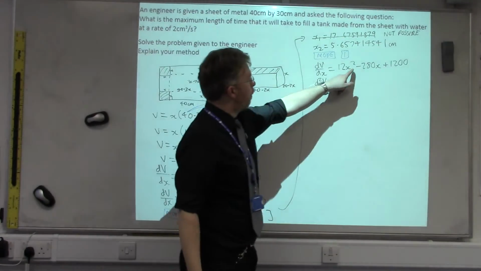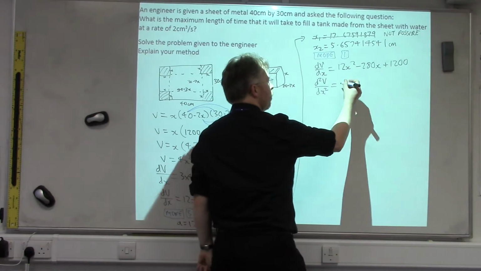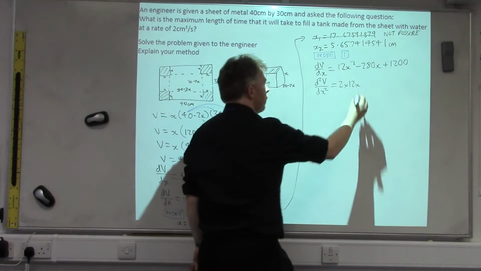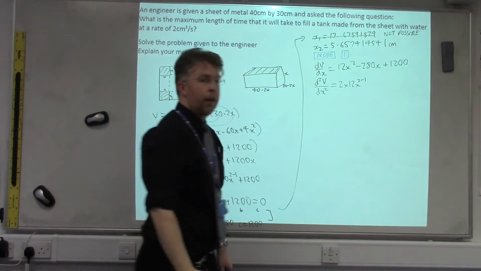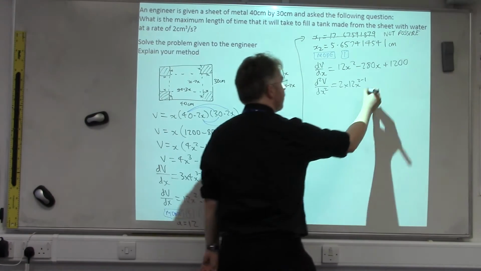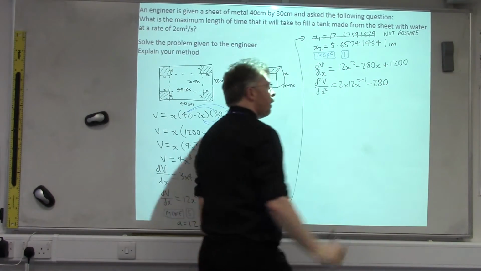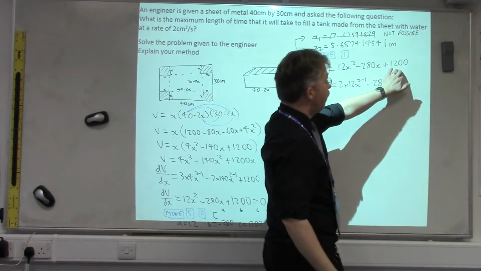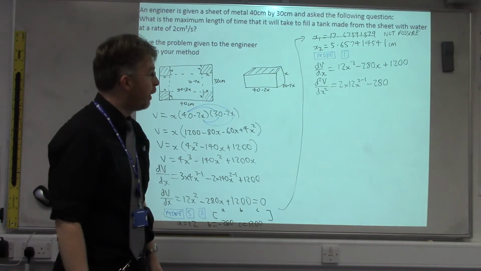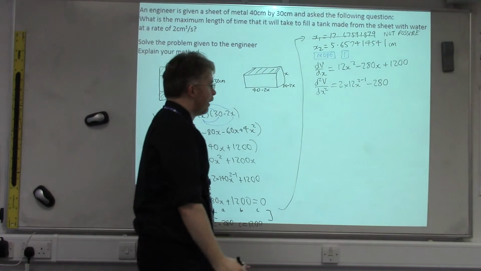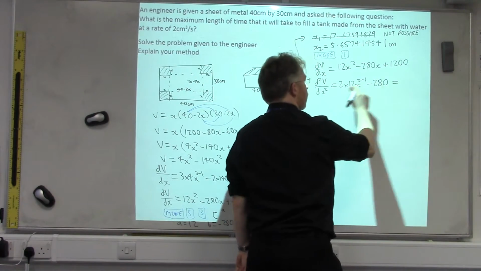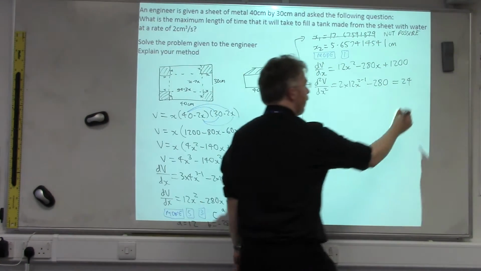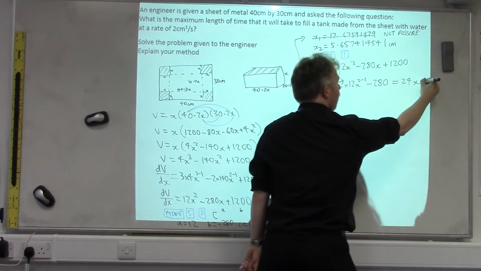Same rules, multiply by the power, so 2 times 12, subtract 1 from the power, 2 take away 1, minus 280x. We just take the number in front of the x, and the constant 1200 is just a number that differentiates to 0. Simplifying, 2 times 12 is 24, 2 take away 1 is 1, we don't need to provide powers of 1, so 24x minus 280.